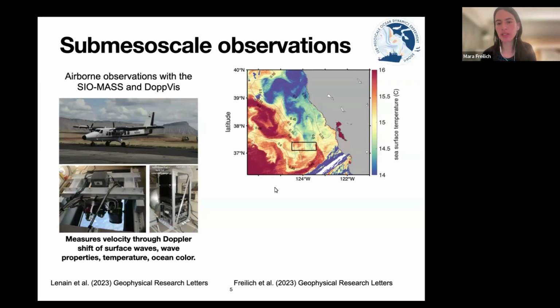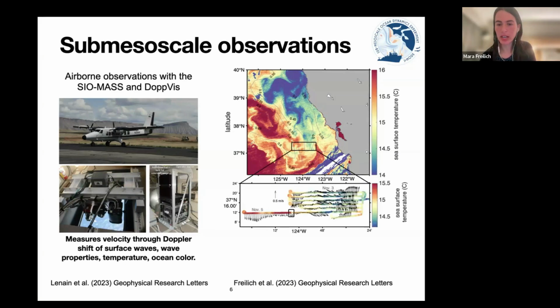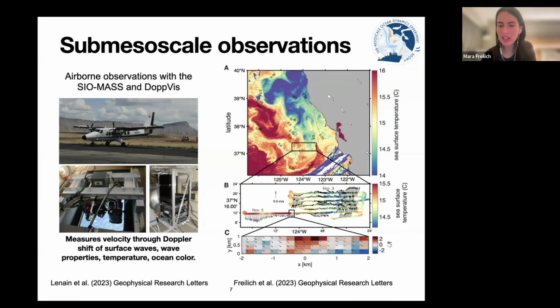So we were sampling off the California current system. We were sampling a cold and dense upwelling filament here. These are observations from the S-MODE submesoscale ocean dynamics field campaign. And in this particular area, we took velocity observations, and here velocity and sea surface temperature under the airplane track. And we can zoom in again on one of these fronts in the lower panel.